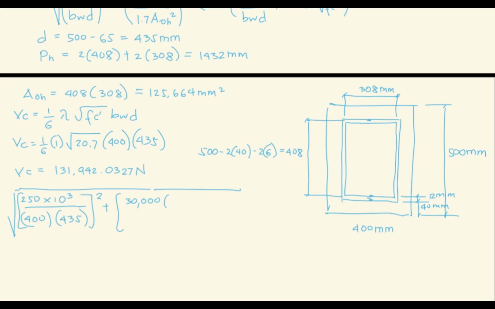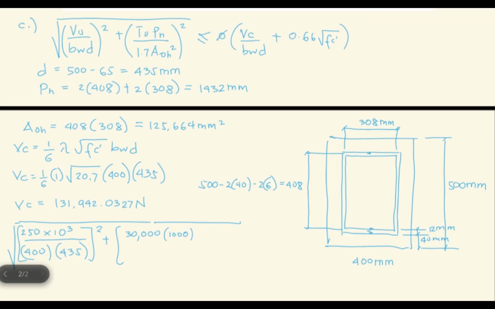Again, we multiply by 1,000 so that the resulting unit will become newton millimeter, so that millimeter will cancel out with the unit of other variables such as pH and AOH.